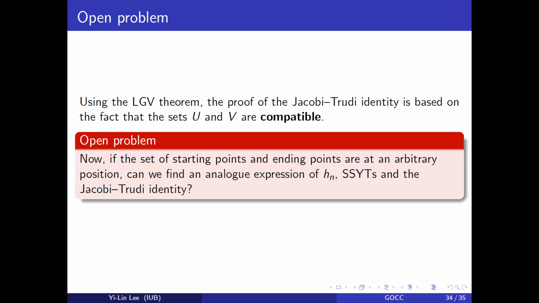But maybe there's hope that we can express it as a linear combination of some symmetric functions. I'm not sure, but that could be one direction. Yeah, interesting, that's a fun question.